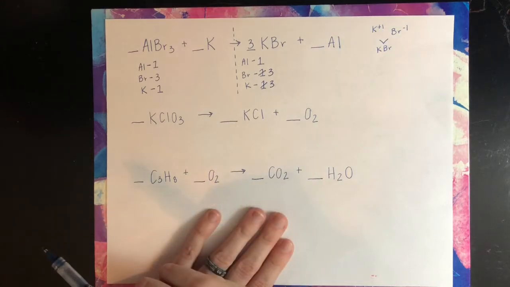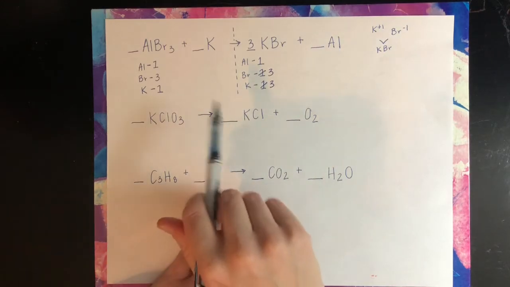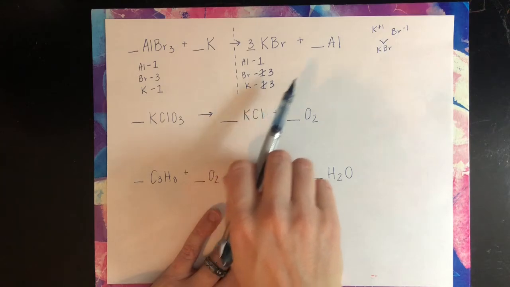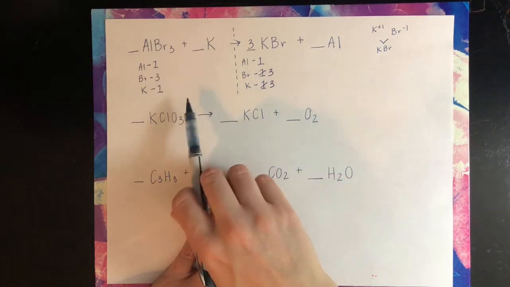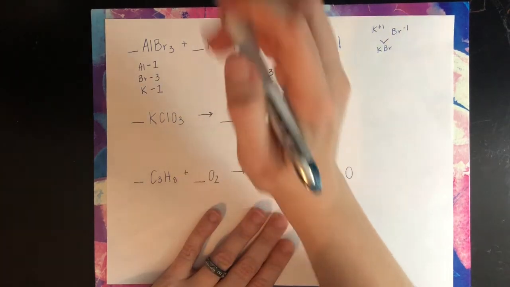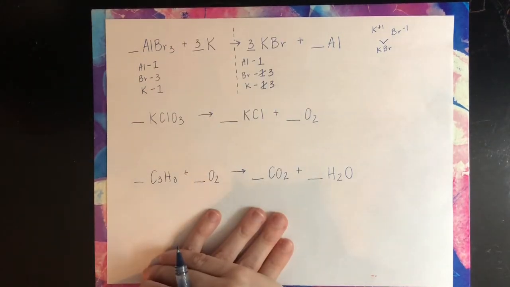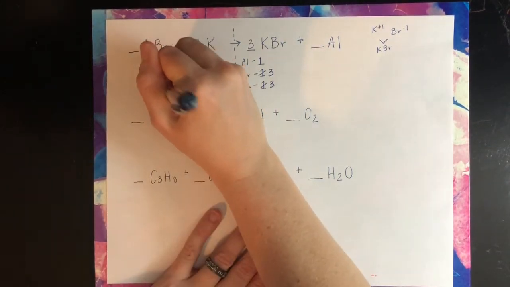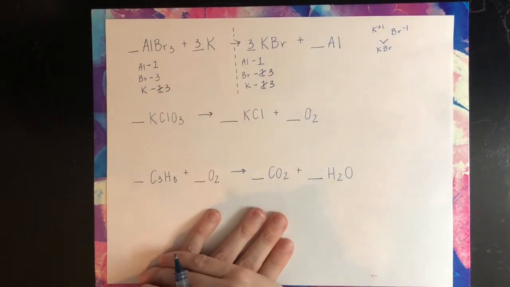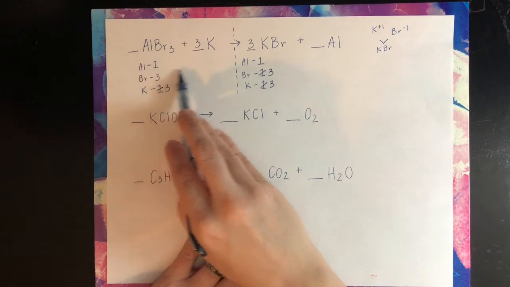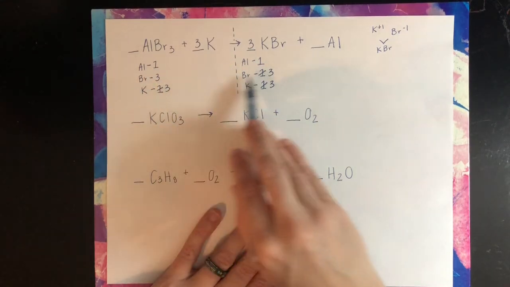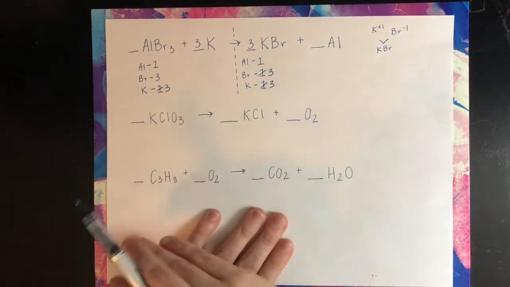I can apply the same thing I just did on the other side to this side. So I have 3 potassiums on the products. I need to have 3 on the reactants. Well, here's potassium. If I put a 3 in front of it, now I have 3 potassiums on the reactant side, as well as on the product side. So now I'm going to look across. Aluminum is 1 and 1, bromine 3 and 3, potassium 3 and 3.